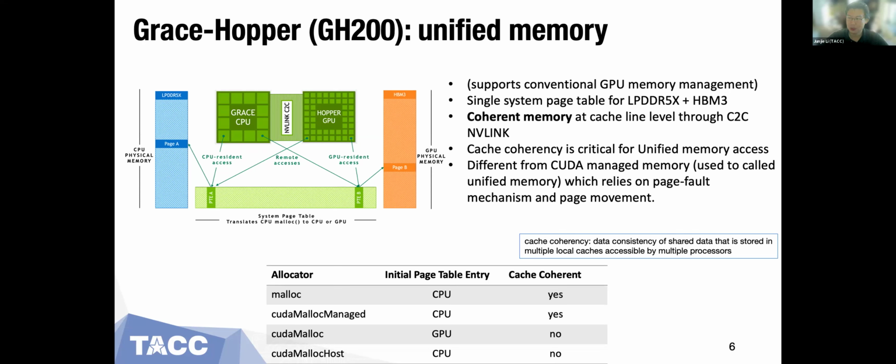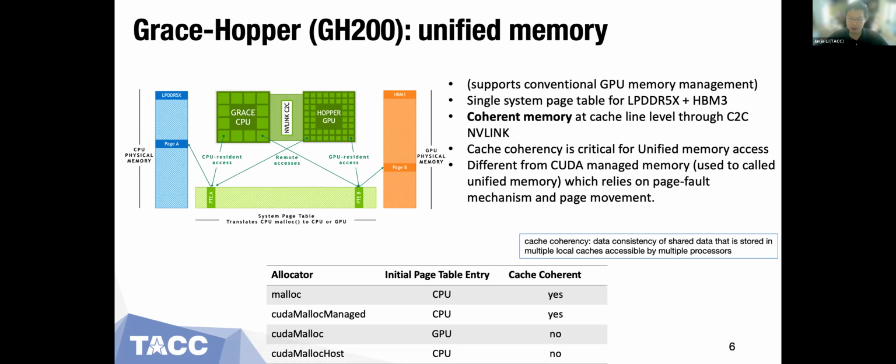If one processor modifies that piece of data, the other processor needs to know and get updated, so they see the same, consistent data. That's what cache coherency is. And all systems with multiple chips need to have that capability in order to have real unified memory access.